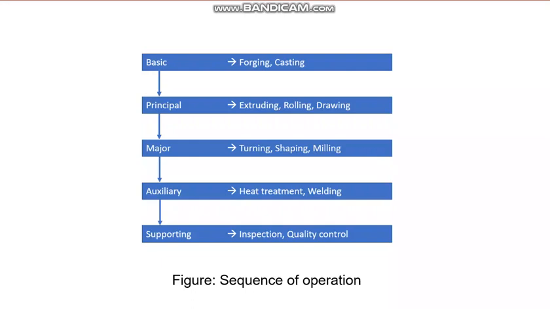And finally, there are supporting operations, like inspection at various stages, quality control, and other things. So these are the five different operations: basic, principal, major, auxiliary, and supporting. Now let us see them one by one.